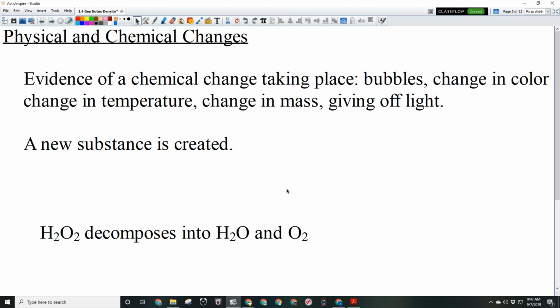So that's why when you go to the store and you buy hydrogen peroxide, it's always in a brown bottle, because the brown bottle helps shield the light from the liquid so that it doesn't break down into water and oxygen. Now, even though it breaks down into water, you still don't want to drink it because there could still be some hydrogen peroxide in there that hasn't broken down.